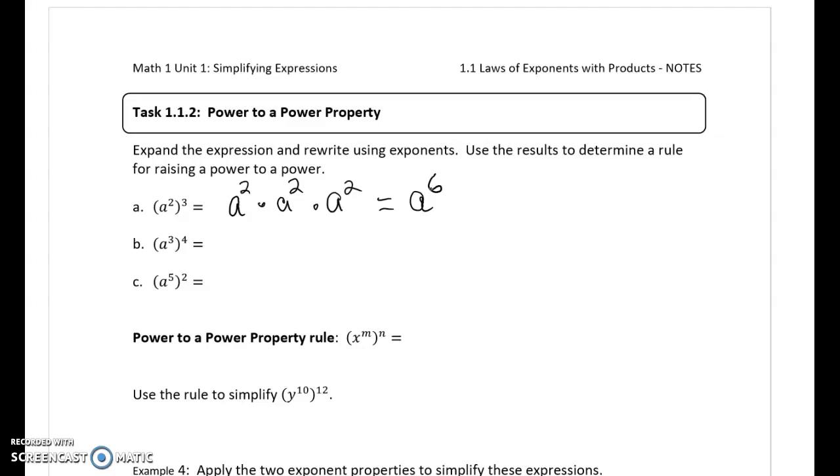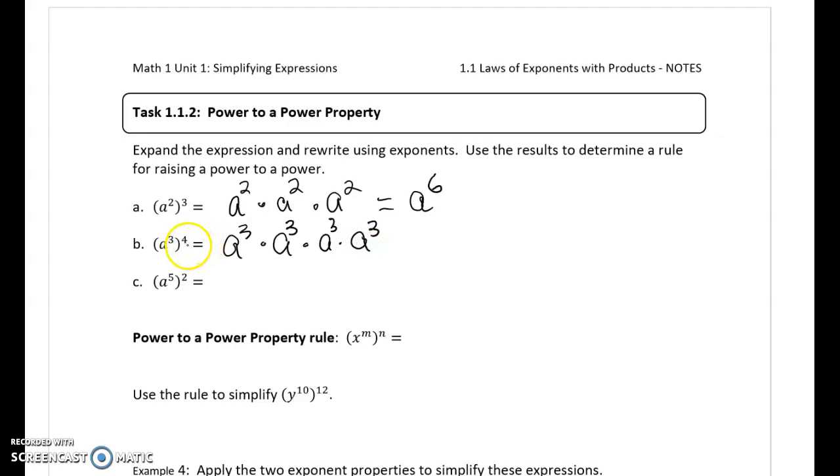Part B, so we got this exponent of 4 that's attached to this base of a cubed. Again, that's telling us we're going to take that base, a to the 3rd, as a repeating factor and multiply it times itself 4 times.